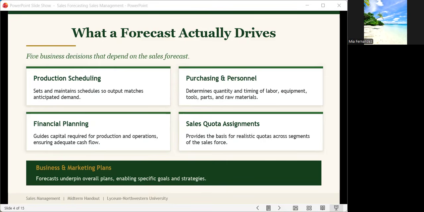As I was saying earlier, it's about forecasting how many employees you would hire for a certain project. As well as, for this project, you also need to forecast what equipment and tools are needed, and the purchasing of raw materials. That's still part of forecasting. For financial planning, of course, it guides how much capital is needed and ensures adequate cash flow.